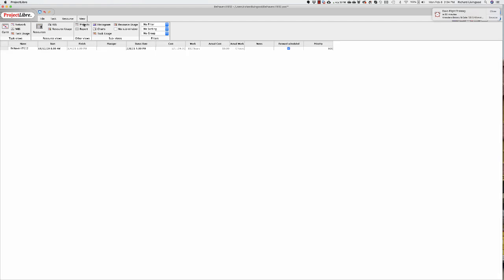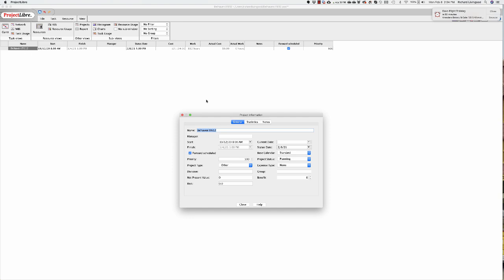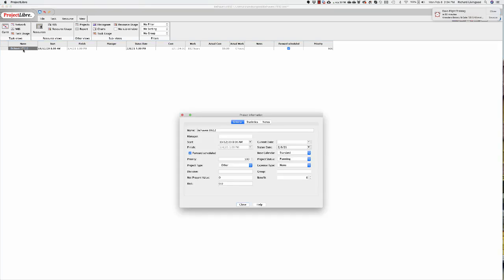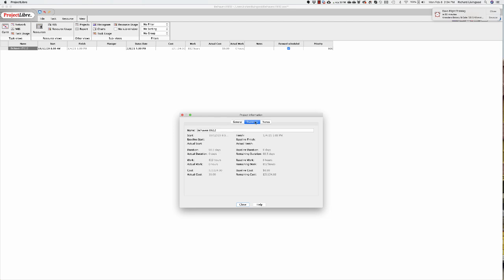And now you can see under this project, the total cost. And by the way, what I did here is I'm double clicking on the project itself and the window opens for just this project. And notice that the statistics show us that we're $21,000 into the project. Okay. So far it says it's taken 60 days, 812 hours of work.